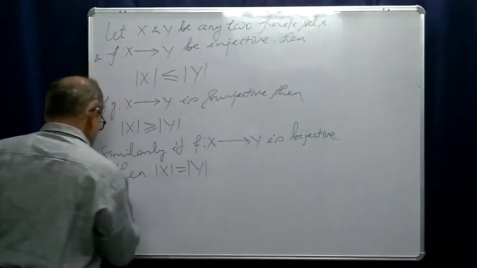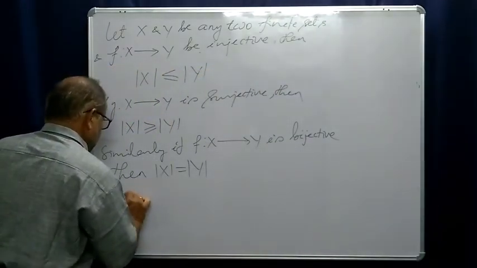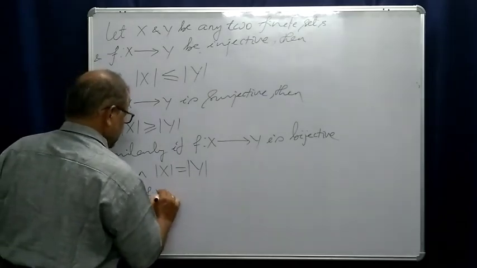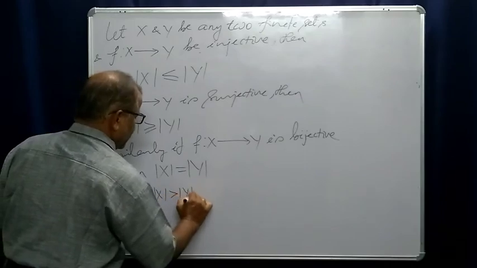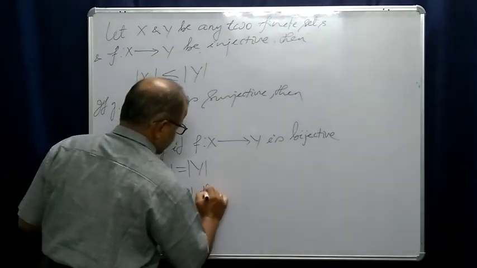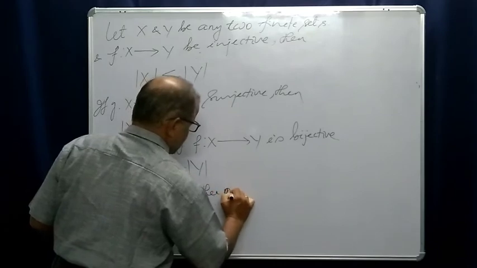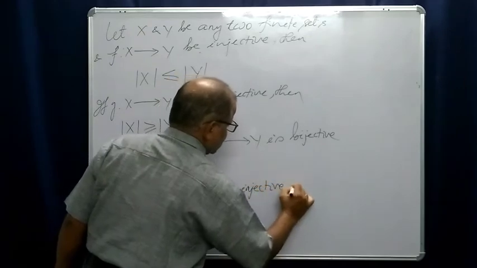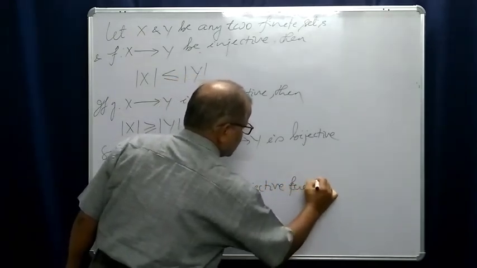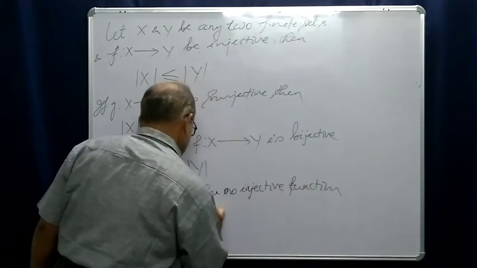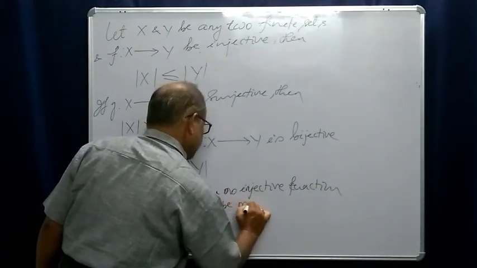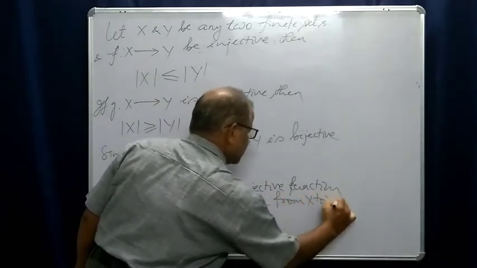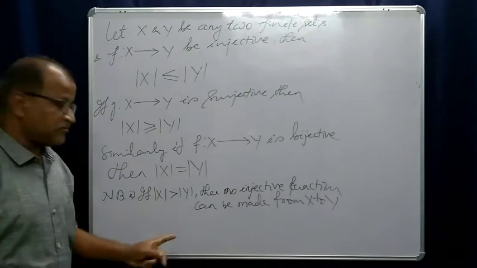You can note: number 1, if cardinality of x is greater than cardinality of y, then no injective function can be made from x to y.